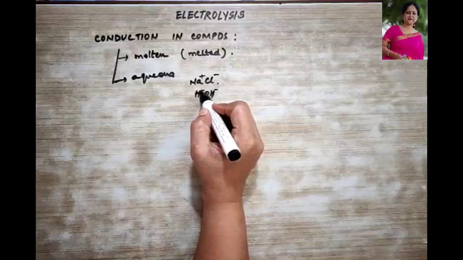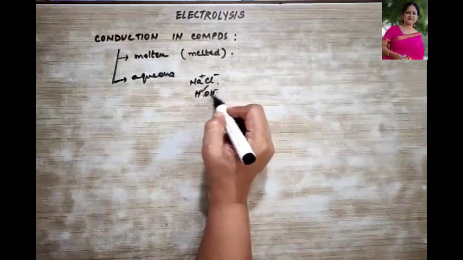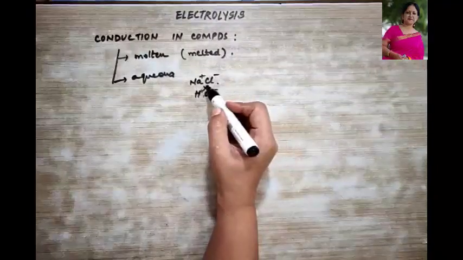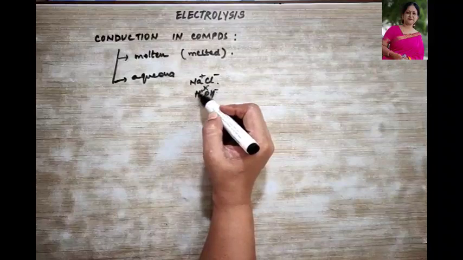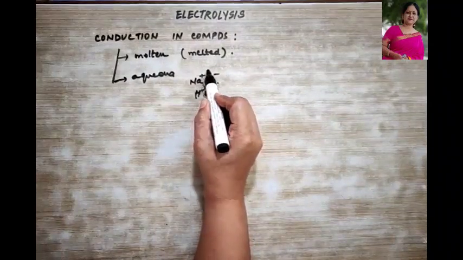So what is going to happen? This positive hydrogen is going to attract the negative Cl, and this negative hydroxide is going to attract the positive Na. Because they are attracting towards each other, the bond breaks from here.